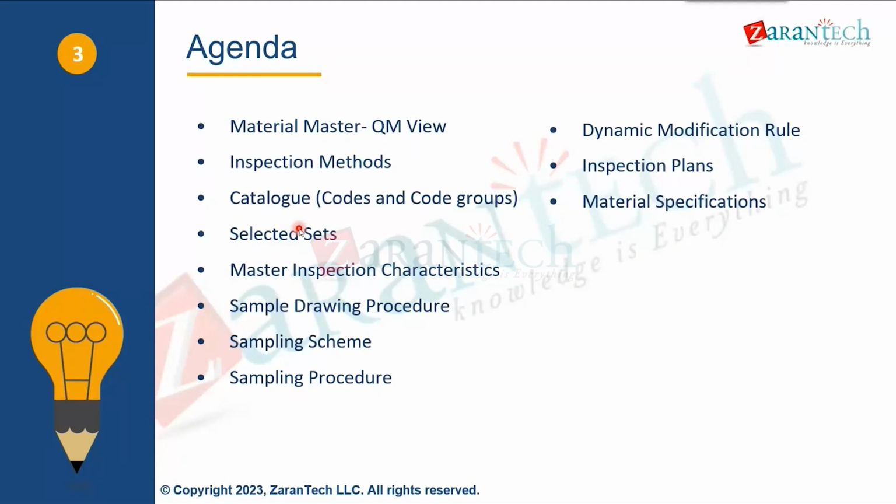Why do you need a class characteristic here? To transfer the result of the result recording from the MIC to the batch classes, batch characteristics, we need class characteristics. Okay, good.